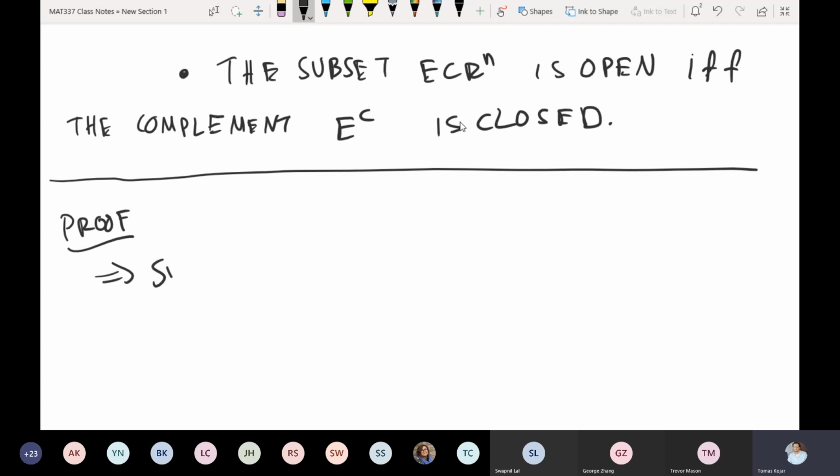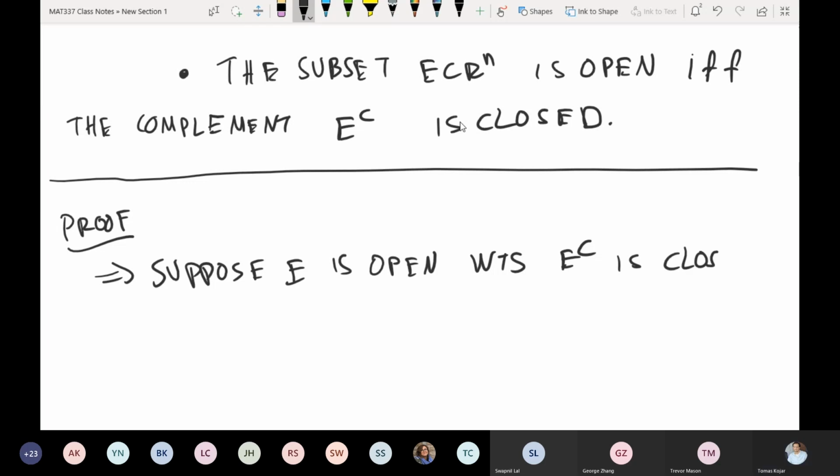One direction. Suppose E is open. Want to show E complement is closed.